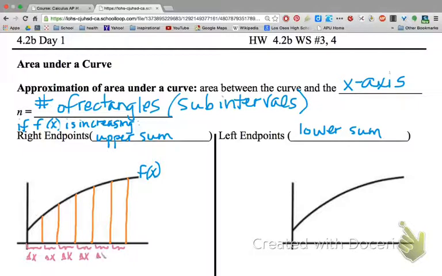As you draw those, pay attention to detail and that those widths are exactly the same. And then we can label each one of these as x sub 1, the second x value, the third x value, the fourth x value, the fifth x value, and the sixth x value.